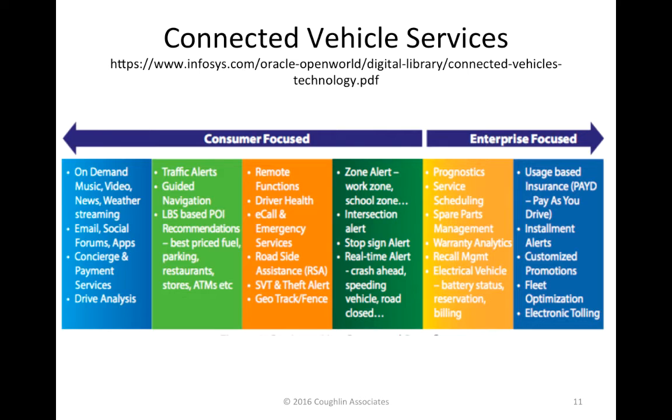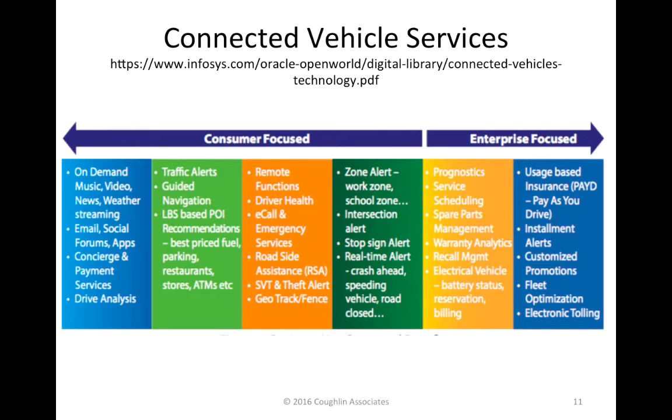Analysis of the driving, traffic alerts, navigation, advanced navigation systems, recommendation systems, help with parking, restaurants, etc. Various remote functions, emergency services, roadside assistance, and also theft alert and control, and geo-tracking. It also can give you localized information that could give you warnings about the environment ahead of you on the road, and help you to maybe make choices to do something else, if that makes sense.